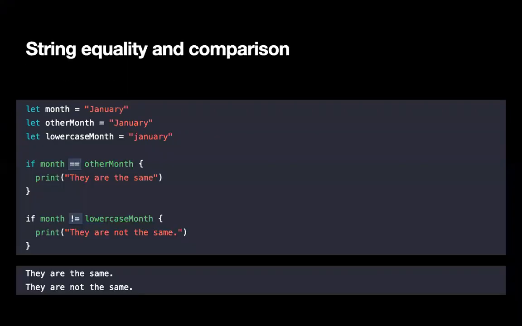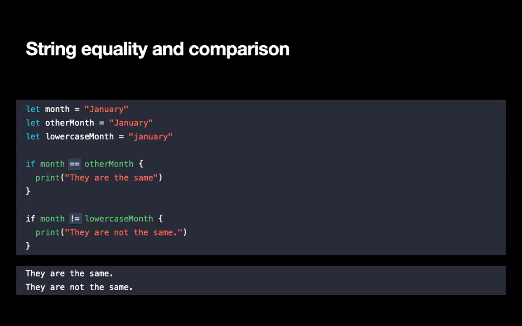Then the next concept of strings is string equality and string comparison. So here we have defined one constant called month, which has the value January. One more constant, other month, having the value January, which is the same as the previous one.